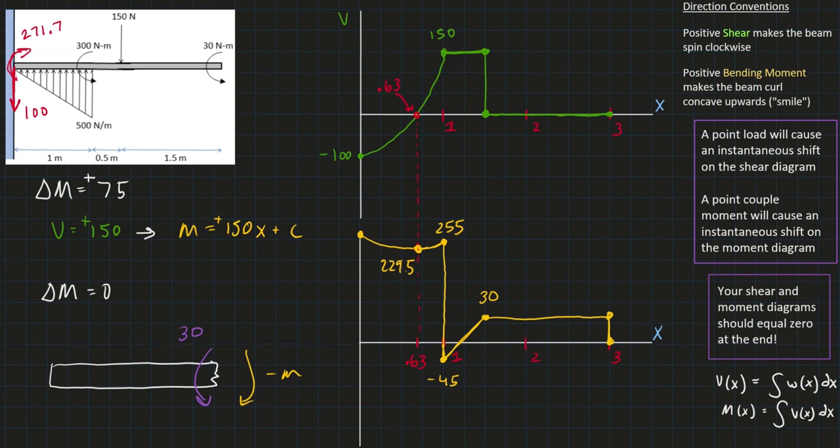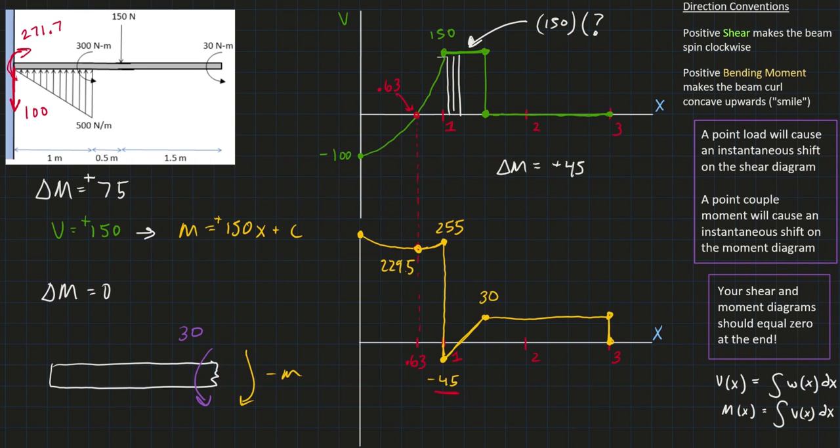Oh, and really quick before I forget, let's just walk through how to determine where our m becomes 0. From 45, I know I have to go up 45 to get me 0. So how much area underneath this curve here do I need to go so I get a plus 45? Well, for this rectangular area here, my height is 150.